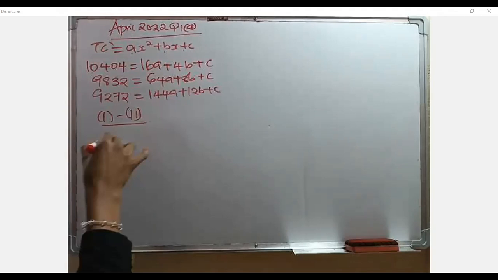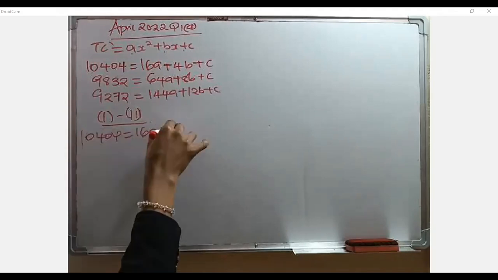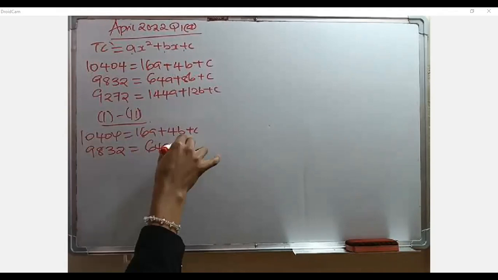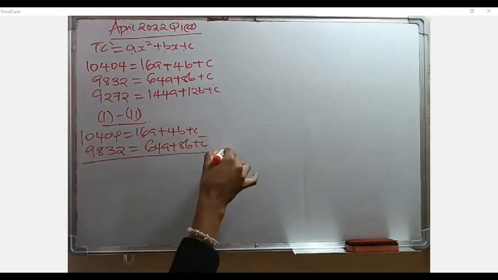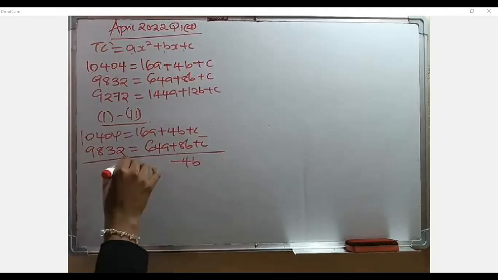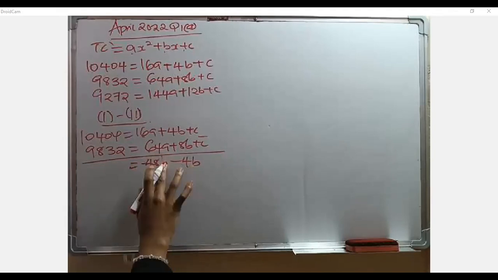So this one is 10,404, which equals 16A plus 4B plus C. Subtract the second one, which is 9832, which equals 64A plus 8B plus C. Eliminate C. Negative 4B. This was how much? 16 minus 64, negative 48A.